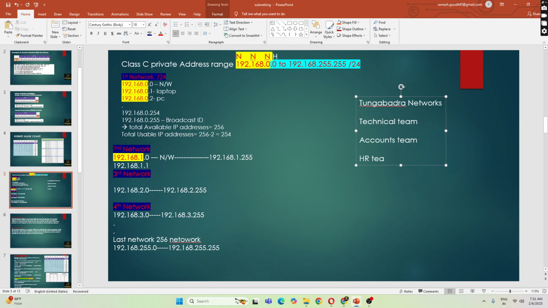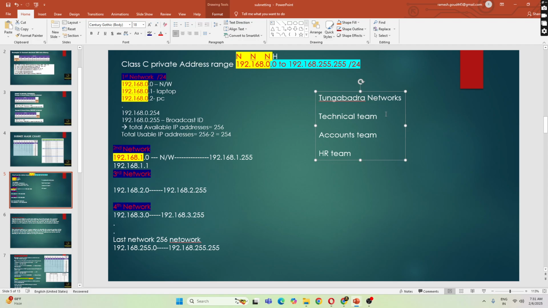Since it is a startup company, we have fewer employees. Suppose in the technical team we have almost 35 people, in the accounts team 30 people, and in the HR team just 10 people.